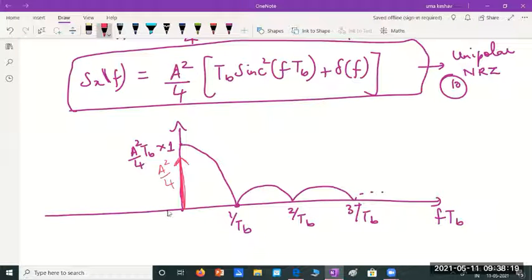What does this mean physically? What does an impulse at 0 mean as a physical signal? What type of signal would it be? In the frequency domain, if it was an impulse, what would it mean in the time domain?